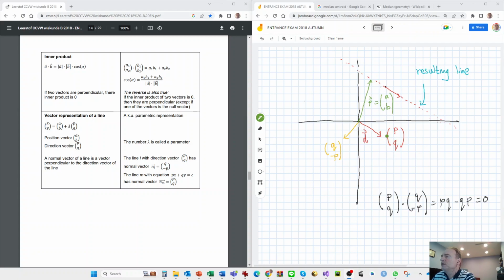Why? Well, the inner product of P and Q minus P is 0. So, drawn it here in yellow, this is indeed like a perpendicular vector. And this kind of thing can be used to find a line perpendicular to a certain line.